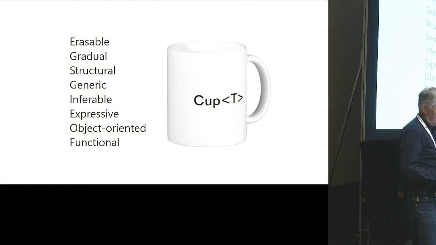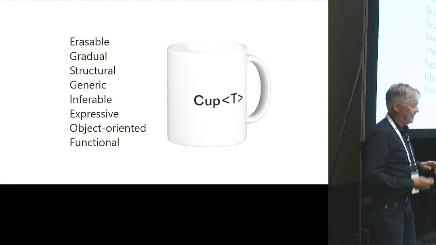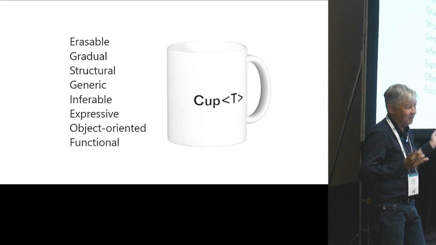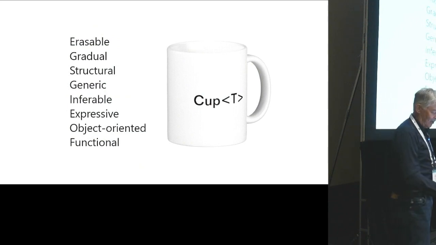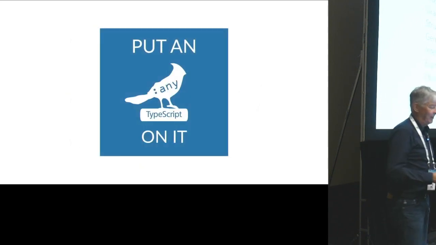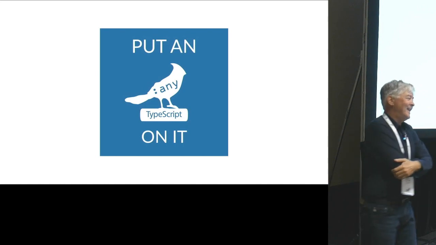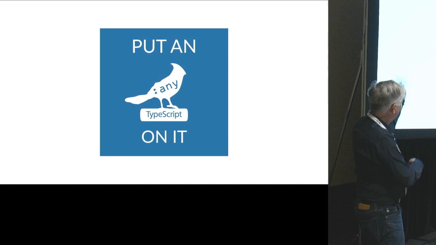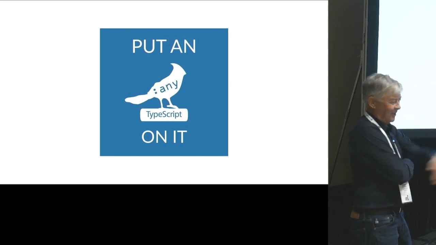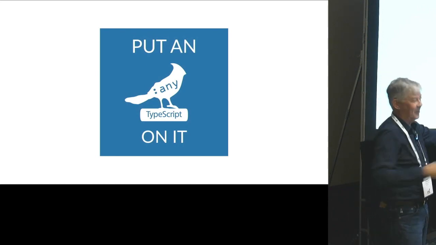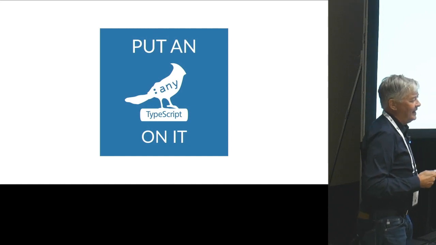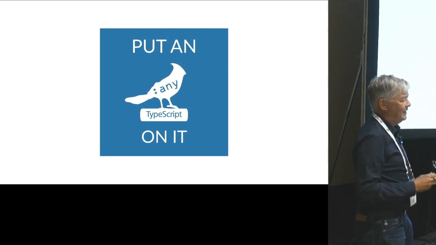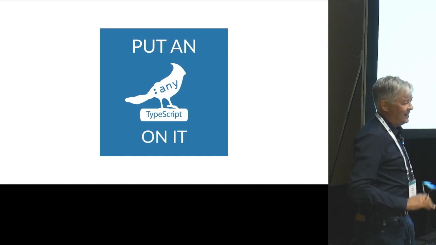Another aspect of our type system is that it's gradual. Of course, it has to be when you're in a sense modeling a dynamic programming language. In TypeScript, we have this funny type called any. This is sort of like a community meme there. Just slap an any on it, and then you don't have to worry about the types. And the any type is this oddball that is both a top type and a bottom type.